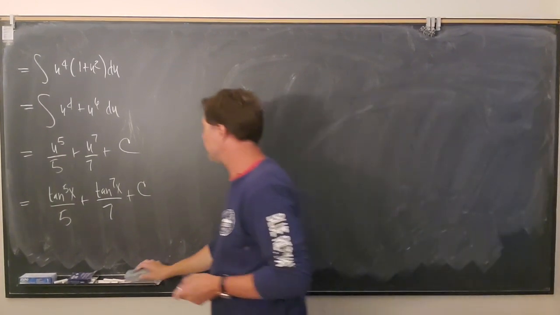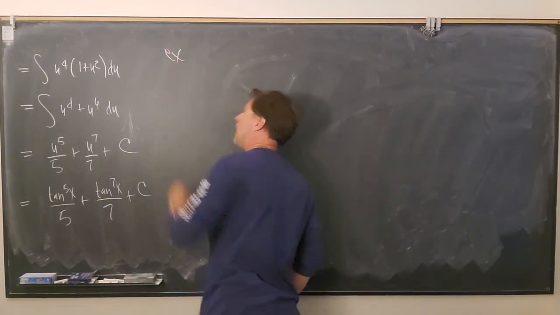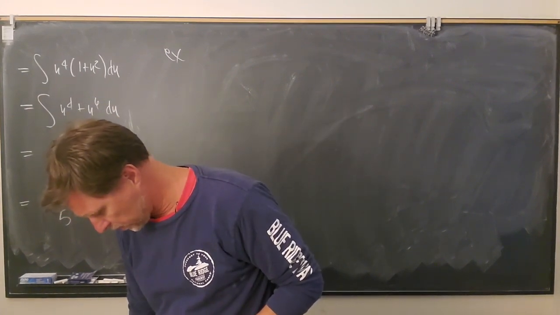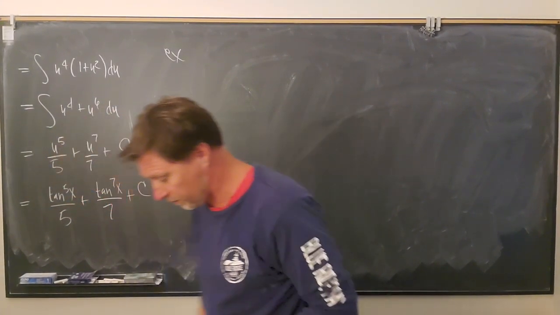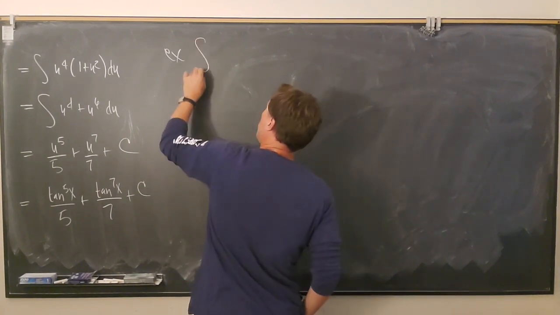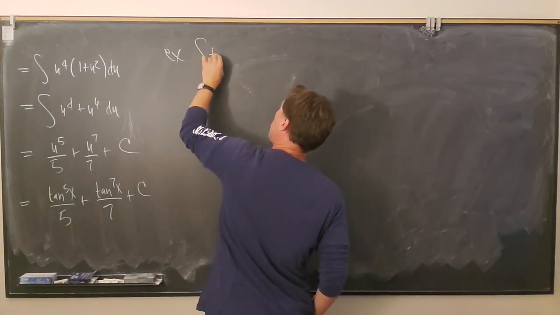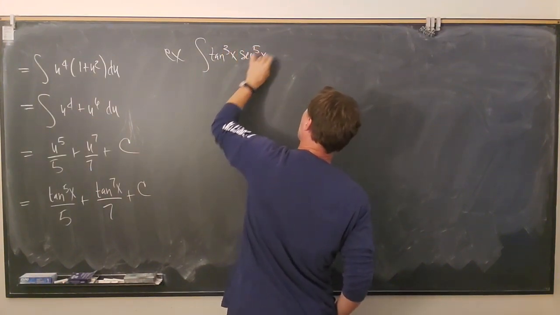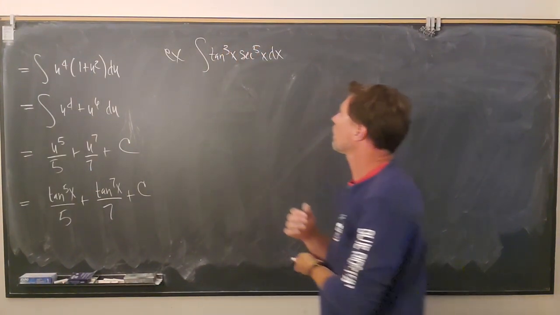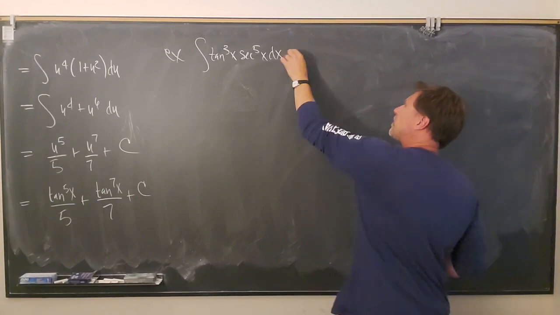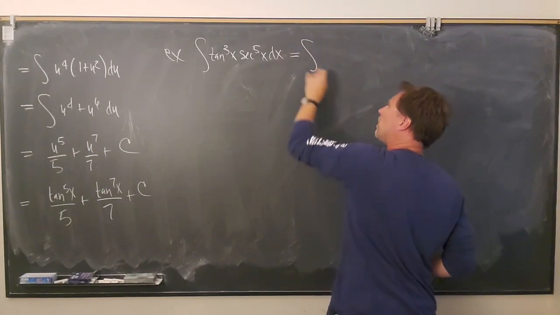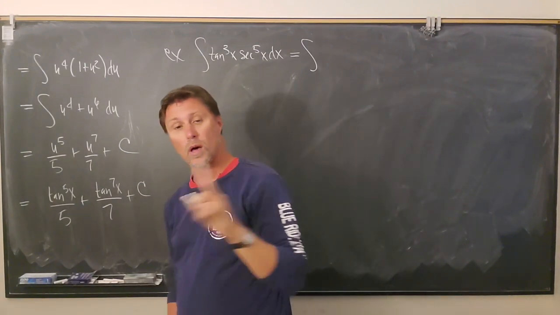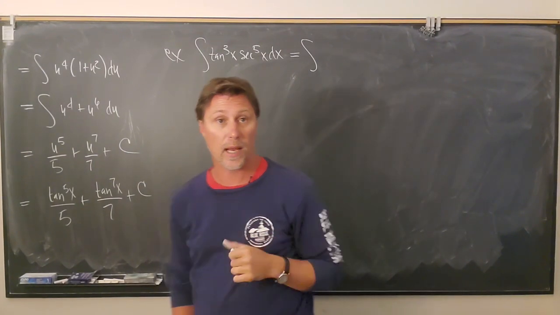Another combination, so let's do another example of combinations of secants and tangents. So let's do tangent cubed times secant to the 5th. All right, so we've established this idea that we want to peel off something, and that something should be the derivative of whatever's going to remain after applying an identity.